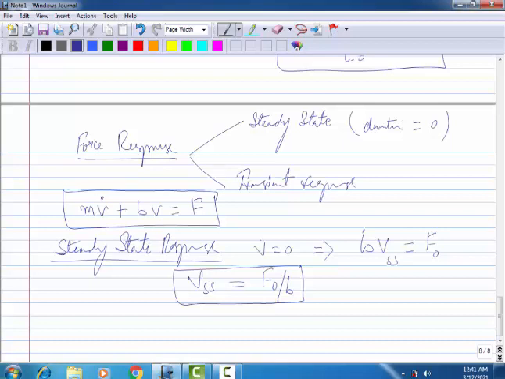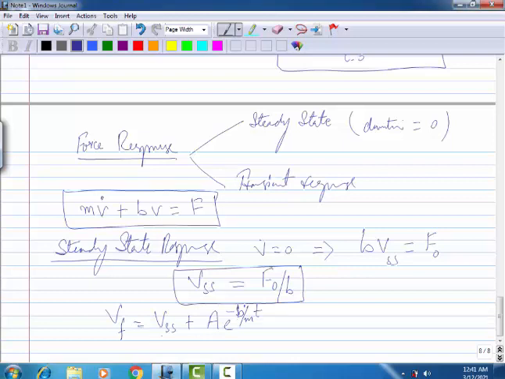Now the next response that I discuss with you is known as the transient response, and the transient response is similar to the one due to the homogeneous equation that we solved. So the total response is equal to the steady state response plus A times exponential of minus B divided by M times t, instead of s.